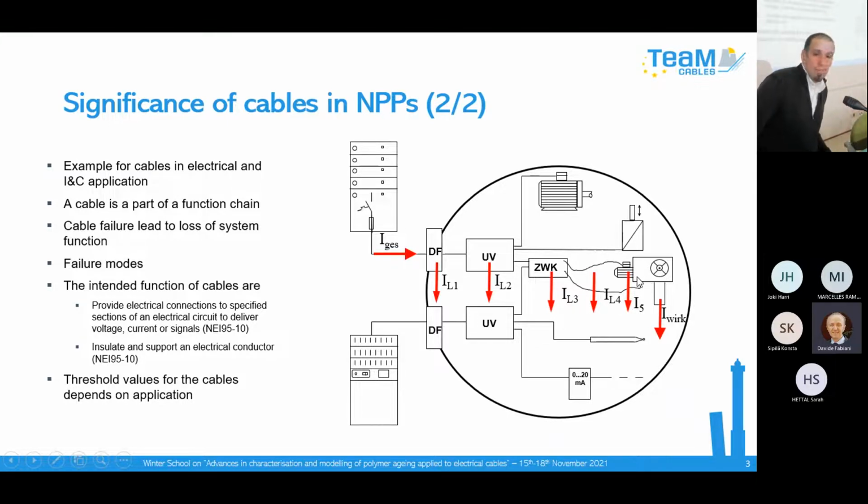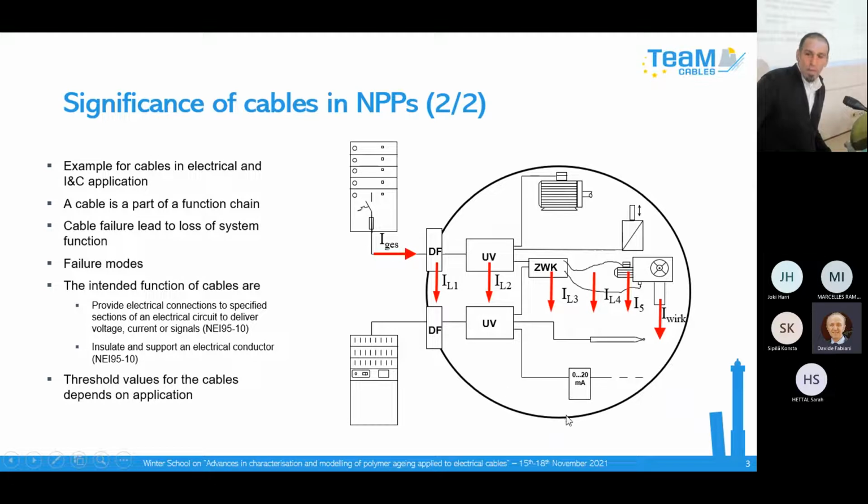In this case, that means the main current will increase, but you have a motor protection relay, and this motor protection relay is adjusted to the rated current of the motor. But if the current increases, you will lose the function because the safety protection relay will switch off.